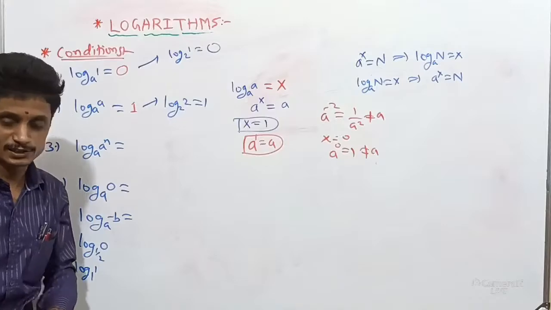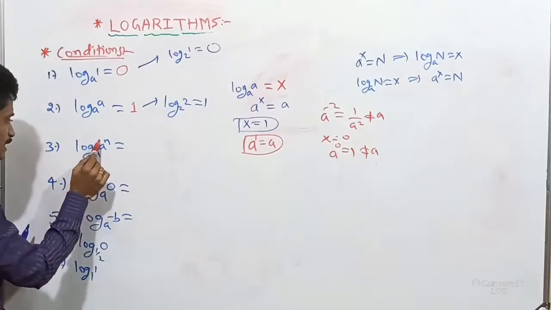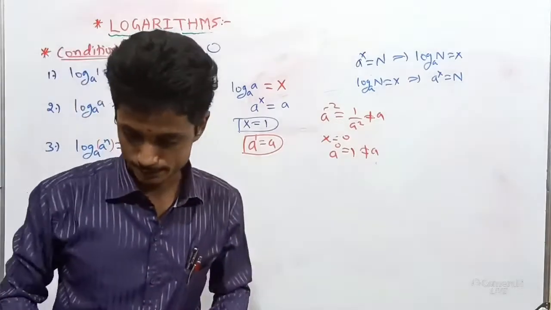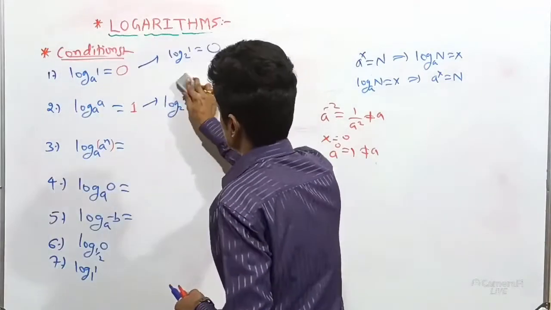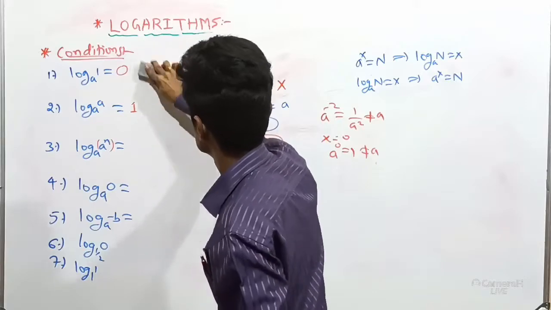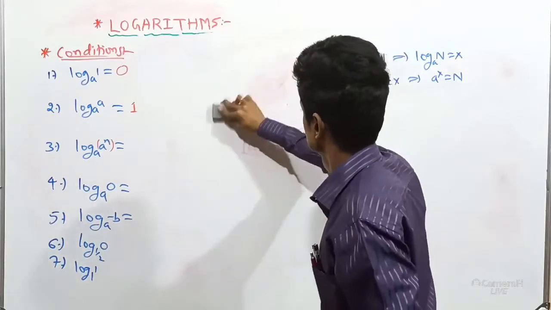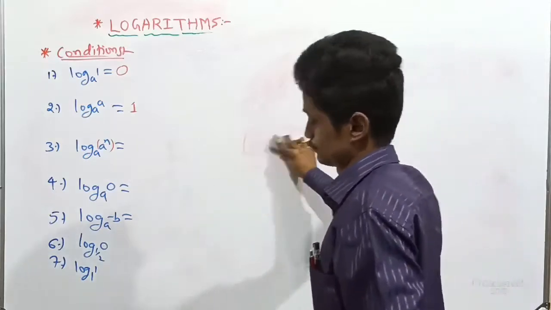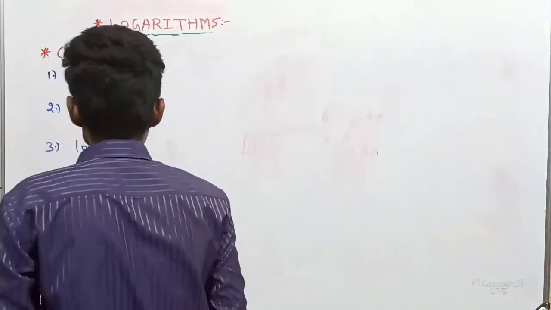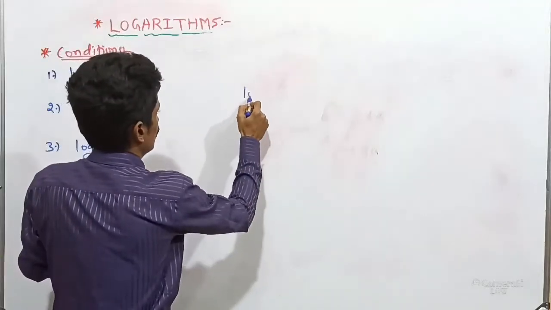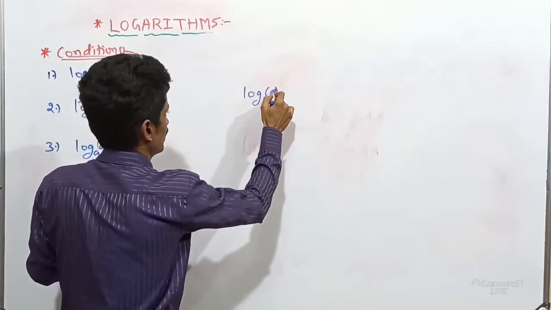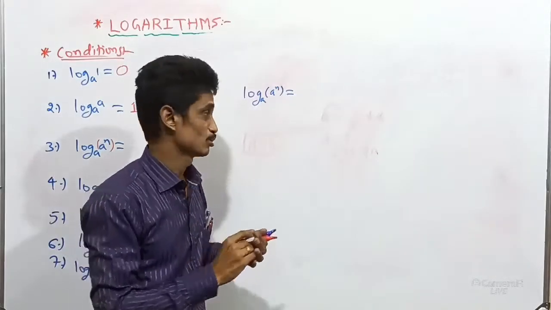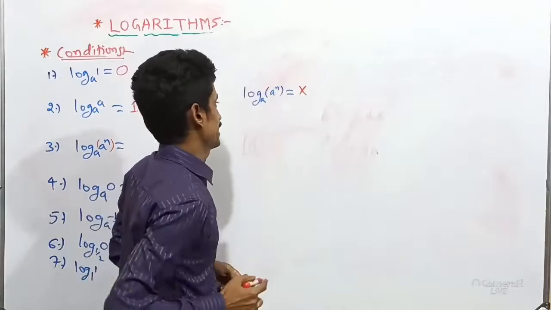Now go through the third case. This is log of the number a power n to the base a. What answer will you get? The third condition is log of the number a power n to the base a equal to, I don't know the value, simply I can write x.